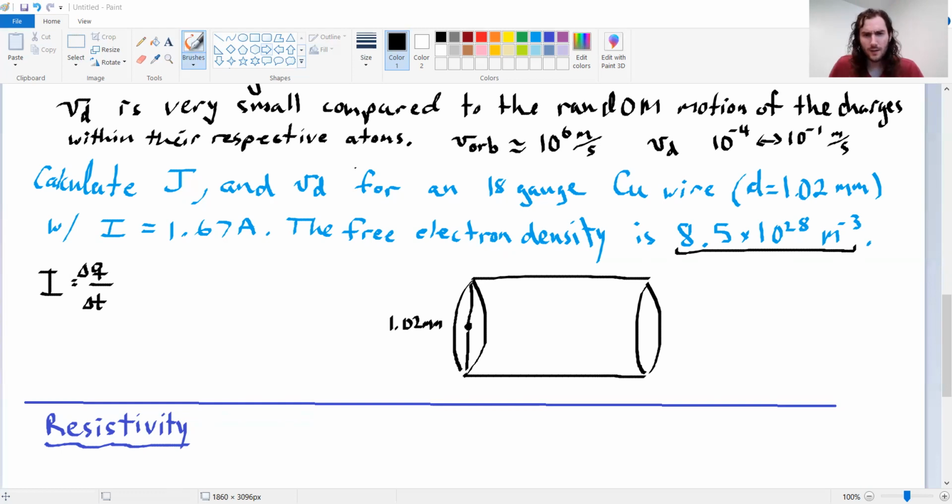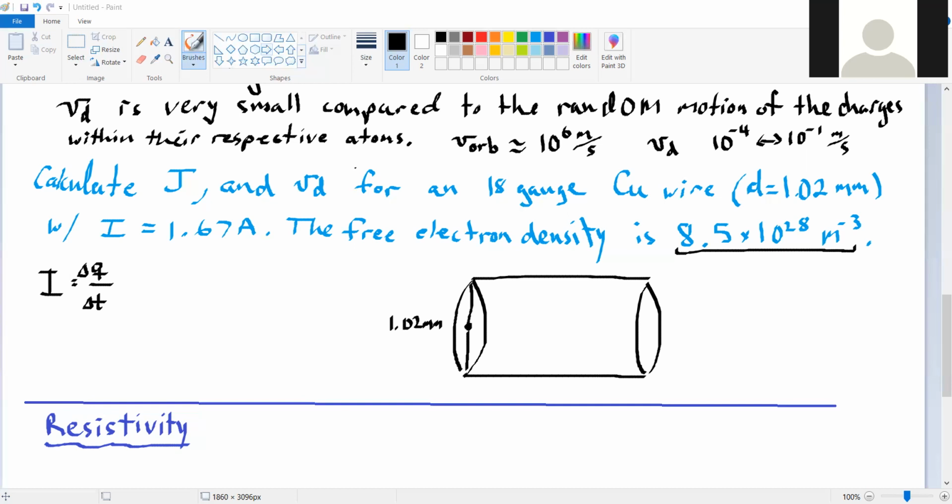I'm not sure. I think you're combining two formulas there, Phil. I think what you mean to say is J equals I over A equals nq times the drift velocity. But can't you move the nq and the drift velocity to the other side with I over A?